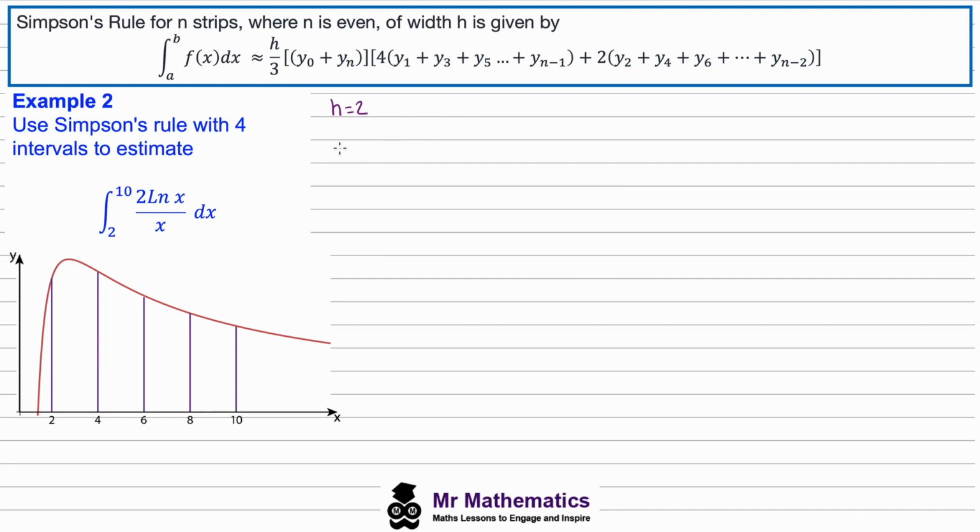So now we can say that the integral will be approximately 2 over 3, substituting this h in for 2, multiplied by y0, which is our first y value, plus yn, which will be our final y value, so y4, plus 4 lots of the odd numbered y's, we'll call this y1 and y3, and then plus 2 lots of our even numbered y's, which we'll call this one y2. And then we'll close that bracket. So now we need to work out the y values.